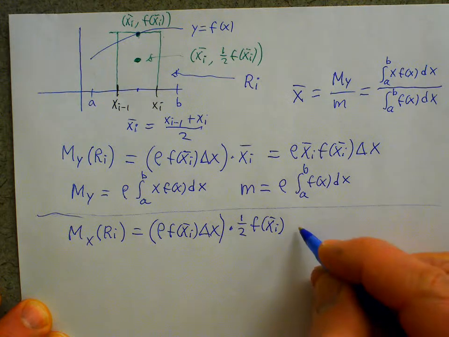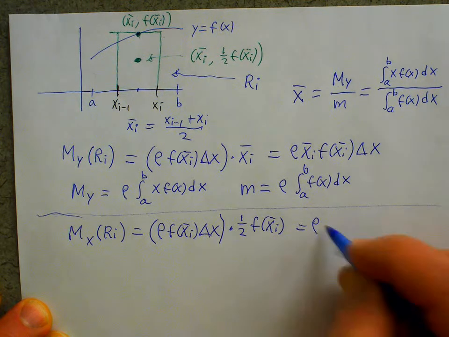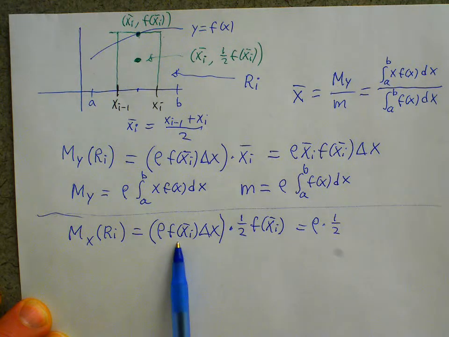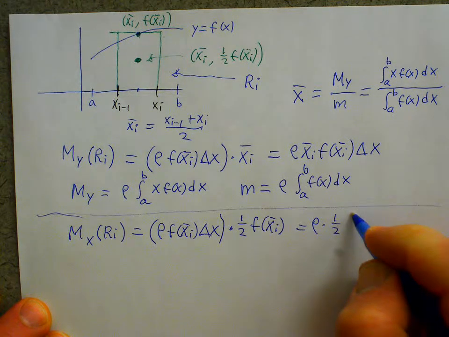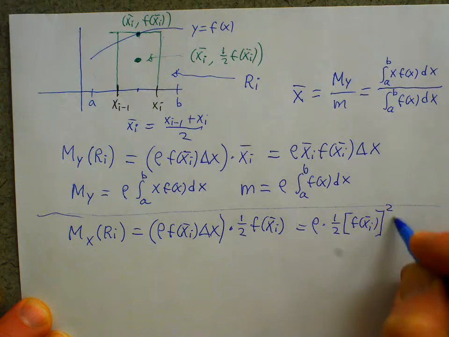Then if we rearrange the terms to be a little more conventional, we write rho times 1/2. Notice we're multiplying f of x sub i bar by f of x sub i bar, so that's just f of x sub i bar squared, and then delta x.